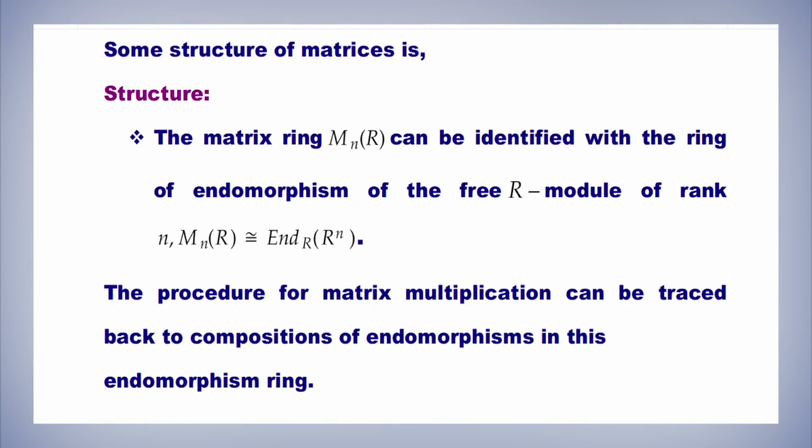The matrix ring Mn(R) can be identified with the ring of endomorphisms of the free R-module of rank n: Mn(R) is isomorphic to End(R^n) over R. The procedure for matrix multiplication can be traced back to compositions of endomorphisms in this endomorphism ring.